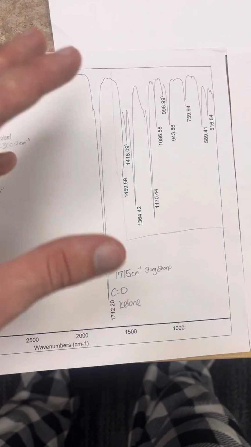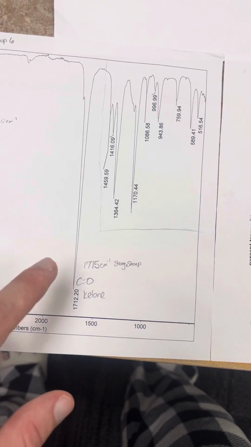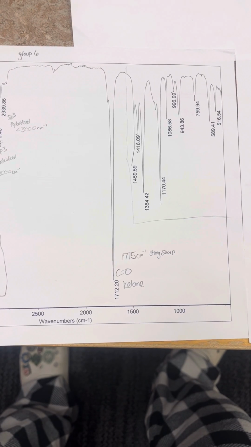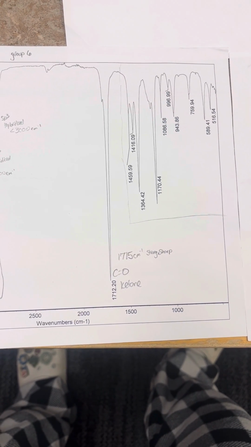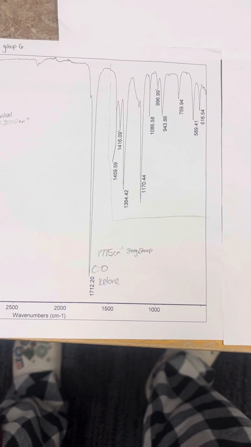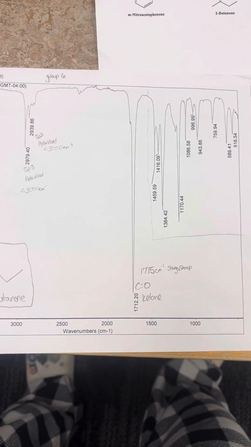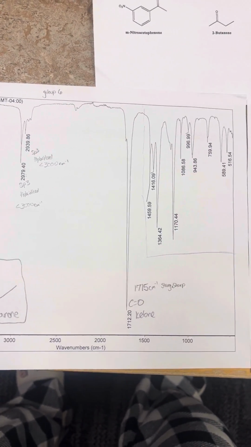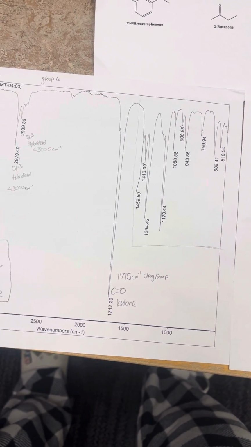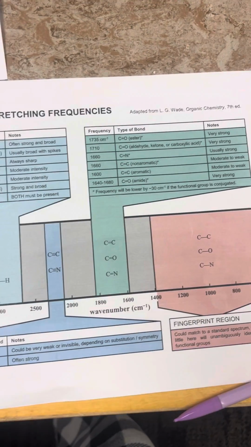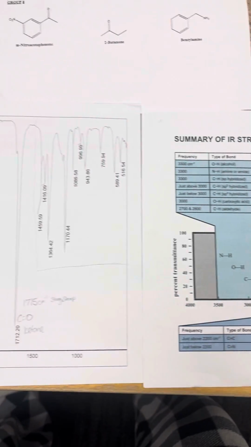And then this interesting one we have here, around 1715 wave numbers, is a C double bond O, a ketone. We know it is a ketone because it does not have the correct spikes or peaks for carboxylic acids or for aldehydes.